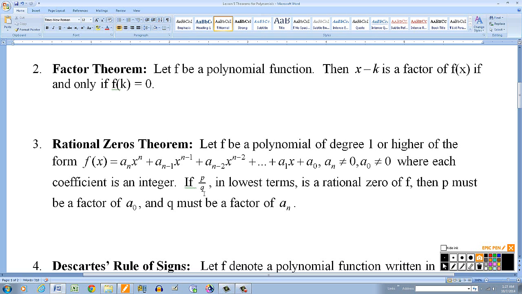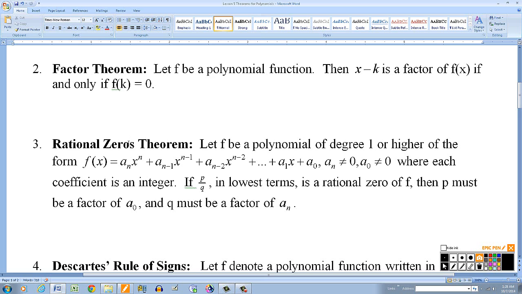So it states, if p over q, which would be a rational number, something like 1/2 or 1/5 or negative 1/2 and so forth, in lowest terms is a rational zero of f, then p must be a factor of the constant term, that's the a sub 0, and q must be a factor of the lead term.